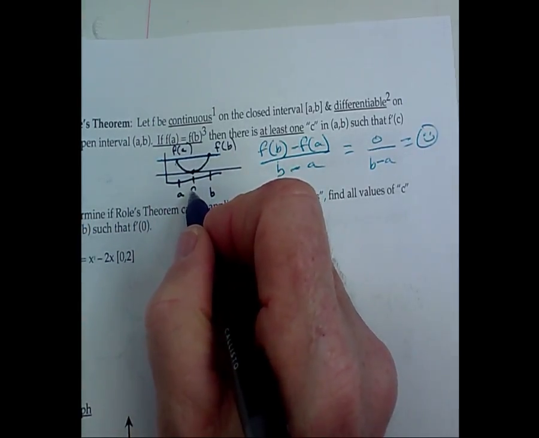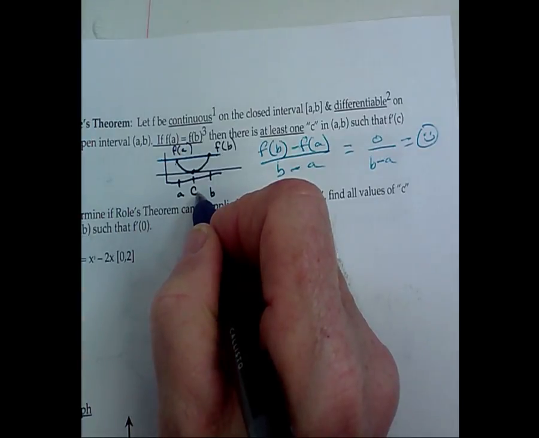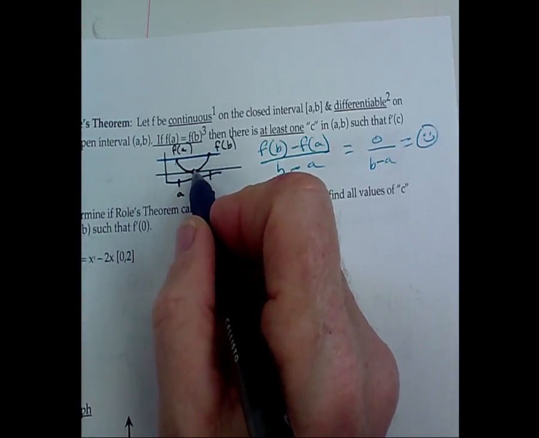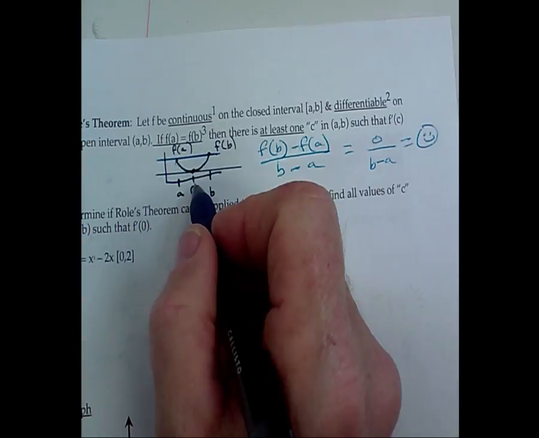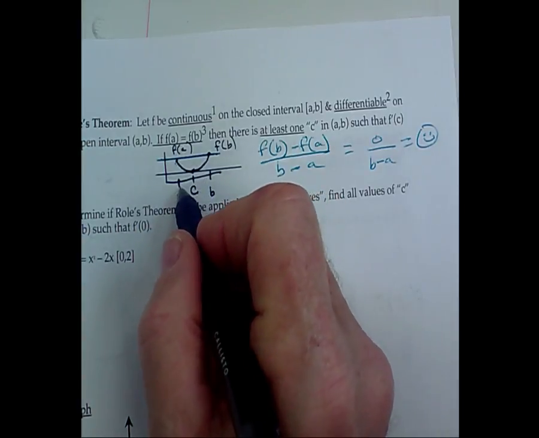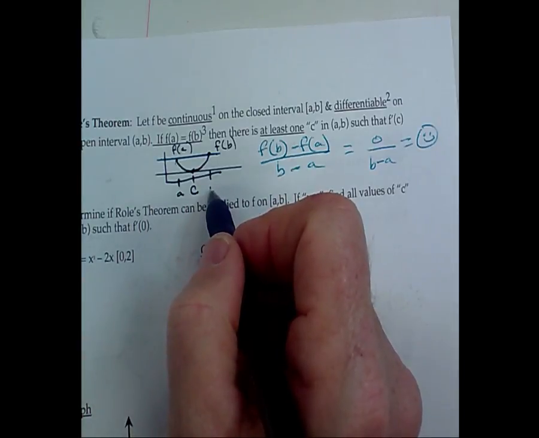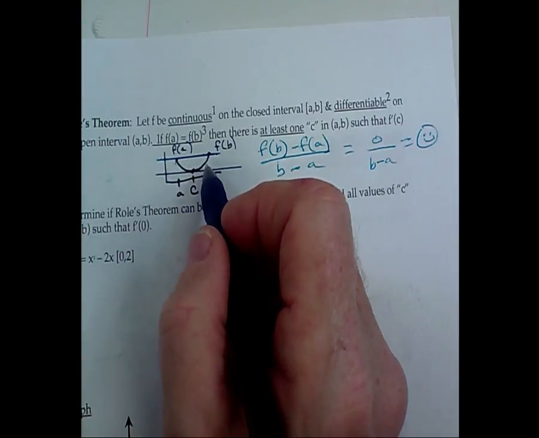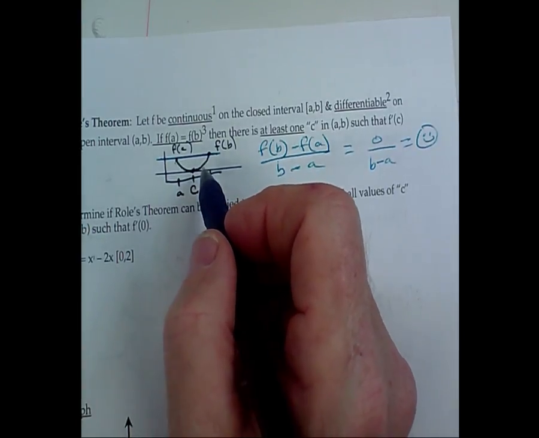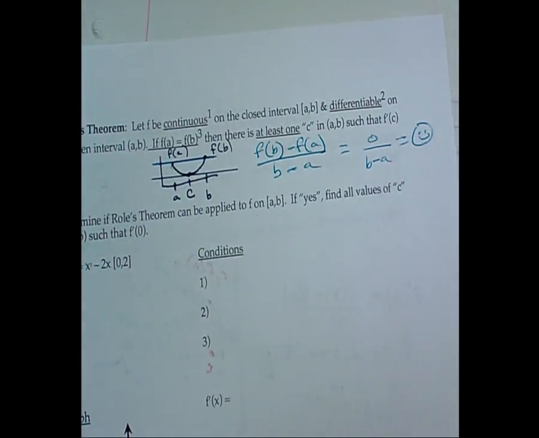My C is a critical number. This has got to be an extrema. Extrema means points. Critical numbers are x values. Somewhere between A and B, I have to have a critical number if these two are the same. Right? That's Rolle's theorem. What an easy theorem. And he got to name that after himself.